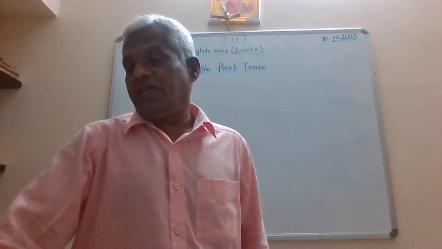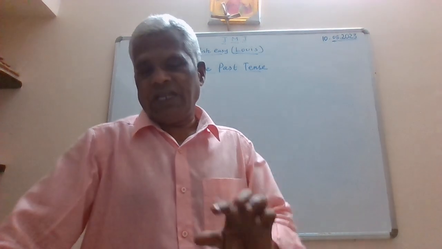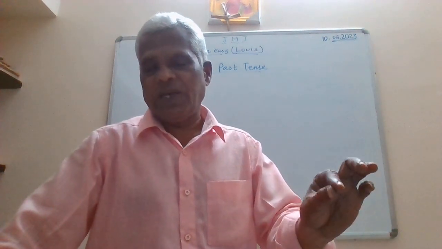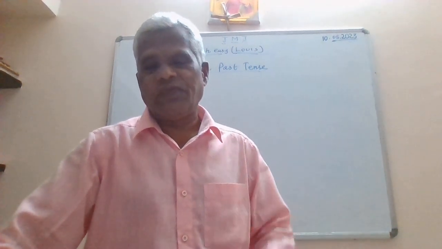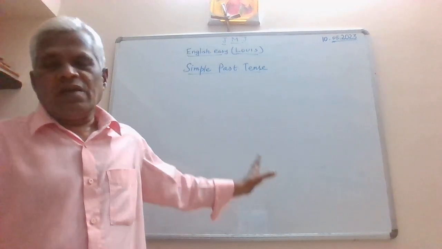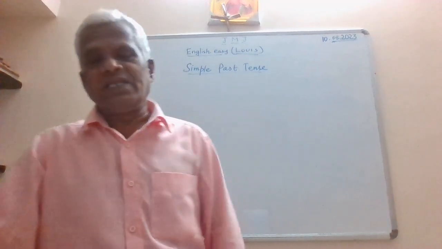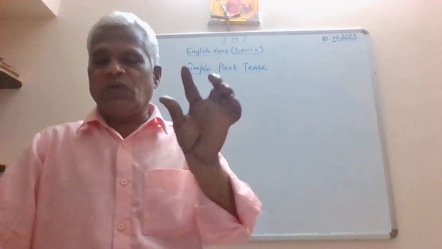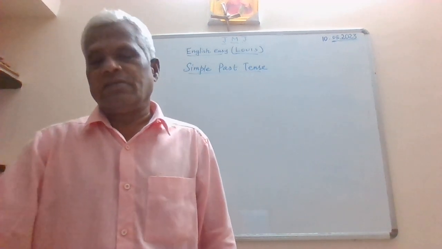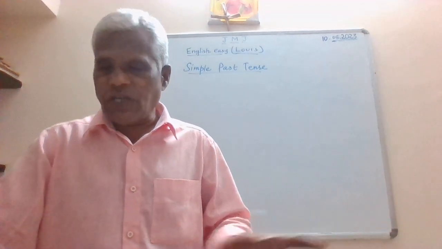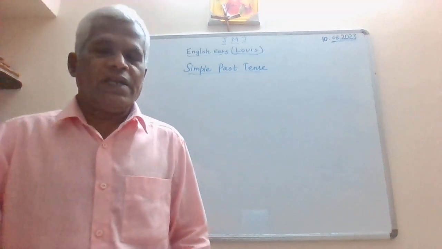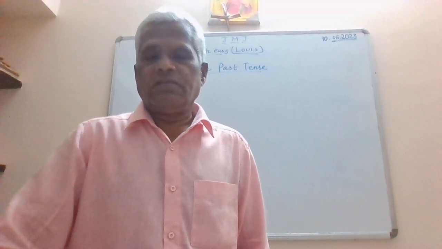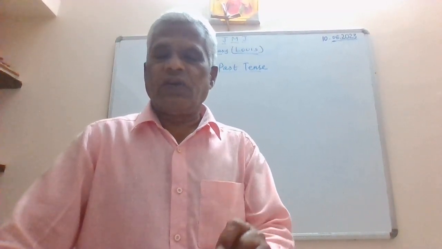We call it simple because in the first category we saw simple past, simple present and simple future. So why do we say that this is simple past tense? It is simply because you would find only one verb with an addition of ed or t, depending upon the nature of the verb.